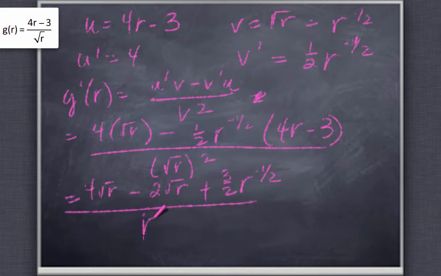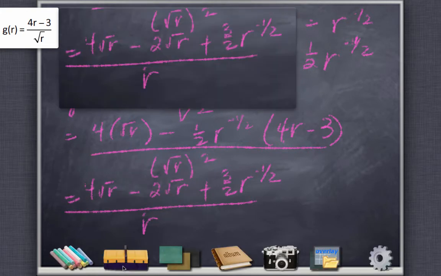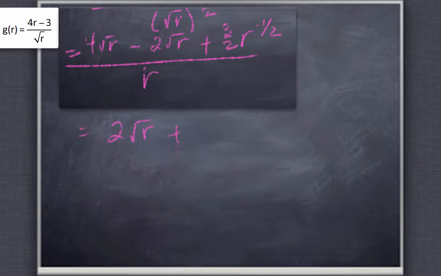Root r squared is r. So then we have 2 root r plus 3 over 2 root r all over r.